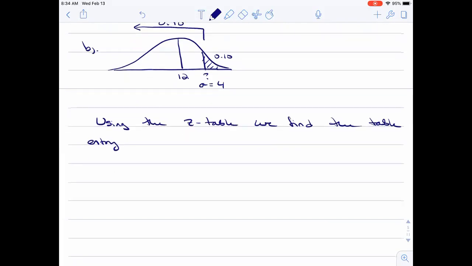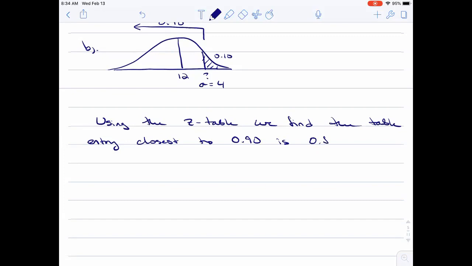We find the table entry closest to 0.90 is 0.8997. So now we're going to use that to find the corresponding Z score, which corresponds to a Z of 1.28.